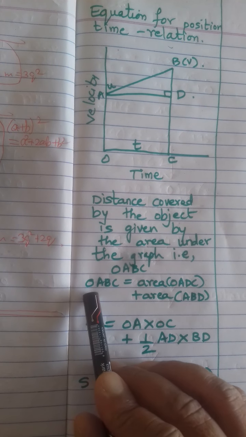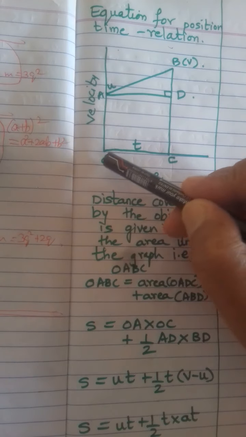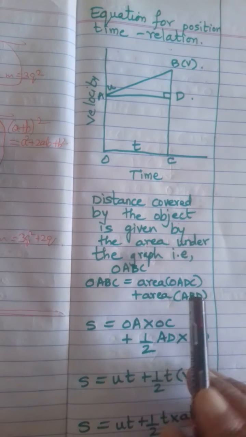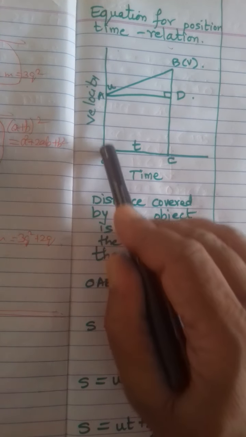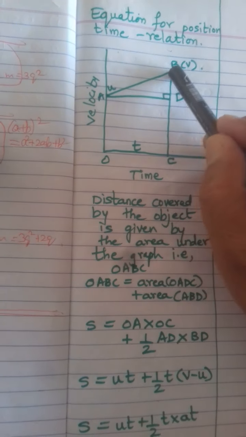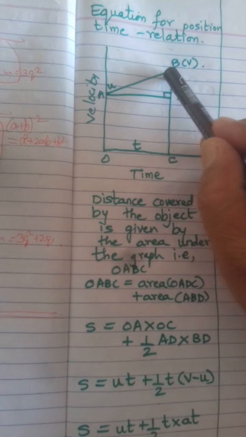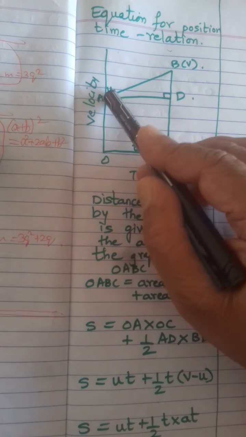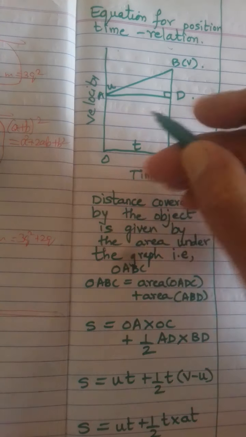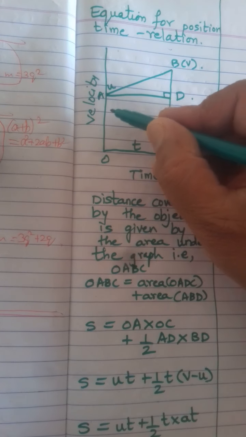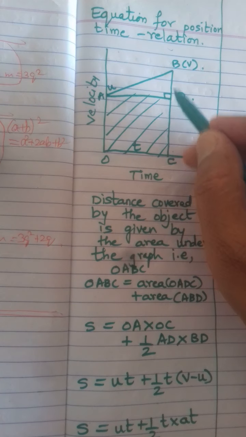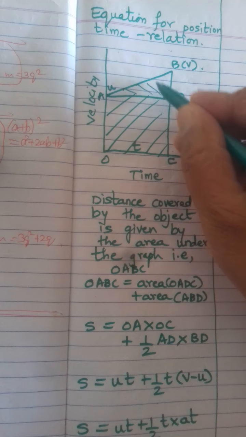Area OABC is equal to area OADC, that is the rectangle, plus area ABD, the area of this triangle.